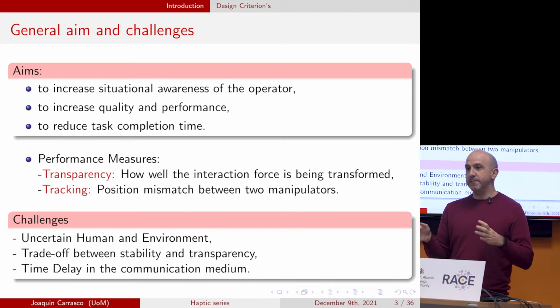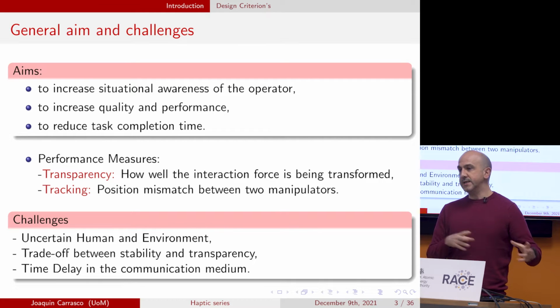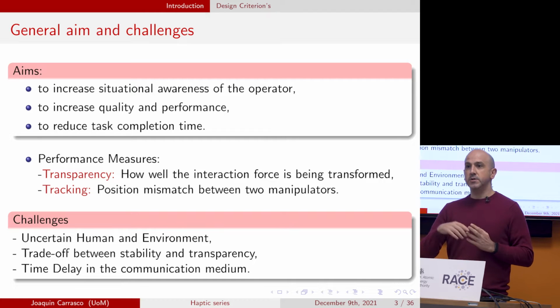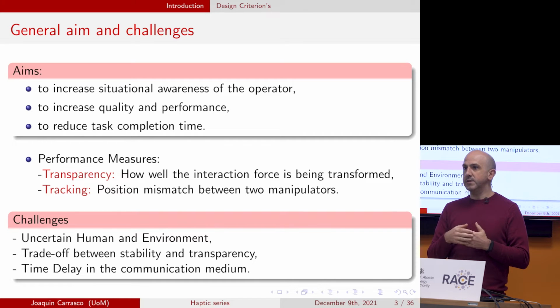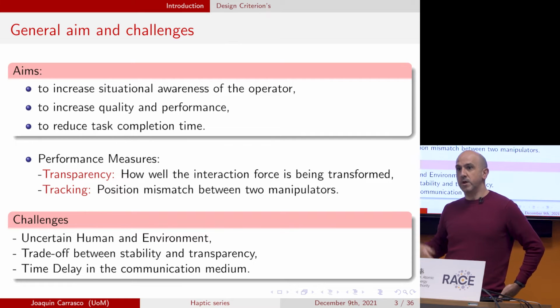And evidently, the main problem is that we are going to have a delay between the master and the slave, and the delay is going to be in closed loop because the signals are going to be flying. What happens on the master or local side will go to the remote side. What the remote side feels will go back to the master side, and then we expect the human to change the activity based on what the human is feeling, no?